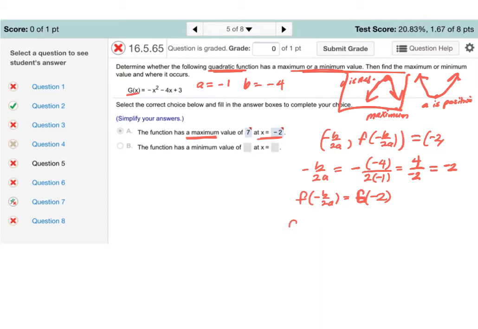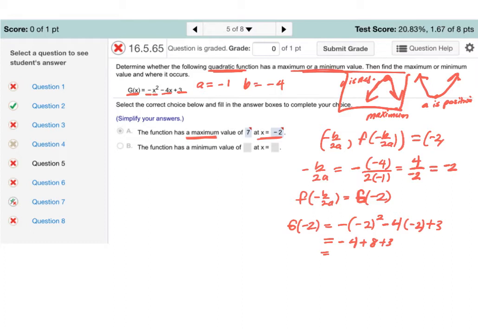Okay, and so I'm going to move this down. g of negative 2 will be a negative of x squared, so a negative of negative 2 squared, minus 4 times x, so minus 4 times negative 2, plus 3. And so we have a negative of negative 2 squared, which is negative 4, minus 4 times negative 2, which will be a positive 8, plus 3. And so a negative 4 plus 8 is a positive 4.